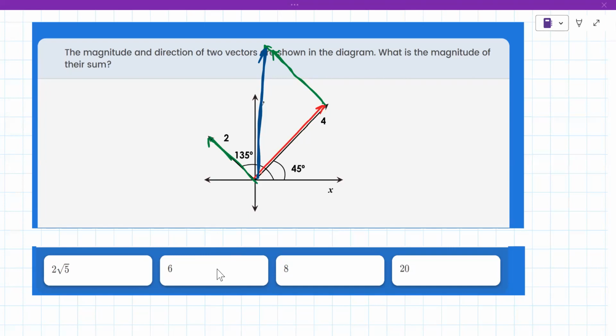Why don't you see what that is as a numerical value? When I did that, I got 4.472. Okay. And we just said the answer is bigger than 4, but it's less than the two of these added together, because they're not quite added straight together.